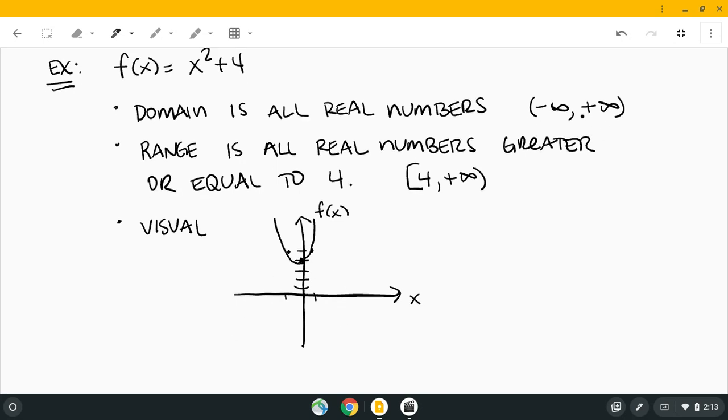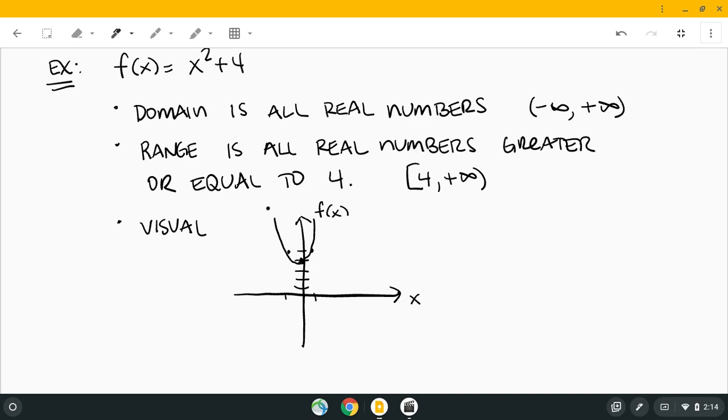That's why the domain is all real numbers. When we look at the y values, the range, we see that not all the y values are being used. These y values down here are not being used. But we do see 4, we see 5, 6, 7, 8.